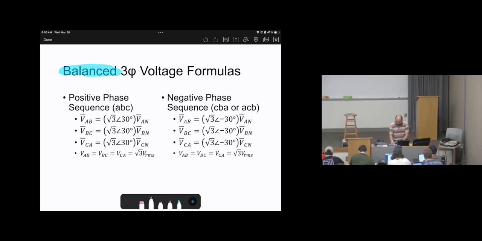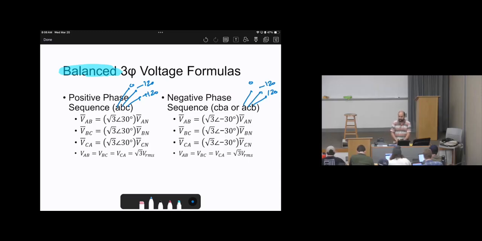For ABC, A is at angle 0, B at negative 120, C at positive 120. ACB is the opposite: just swap between C and B, so C will be negative 120, B will be positive 120. So you need to be aware of all of these sequences.